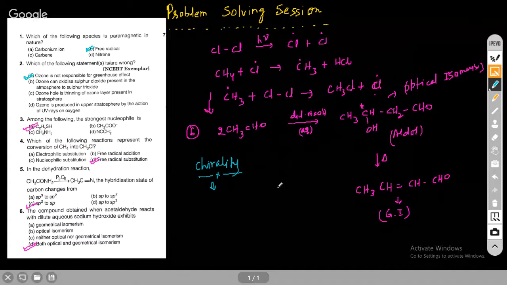When you write the answer in your board exam, please take care of this. Chirality and chiral carbon have nothing to do with each other, right? Chirality is a property of the molecule. Chiral carbon is the sp3 hybridized carbon which has four different atoms or groups attached to it.